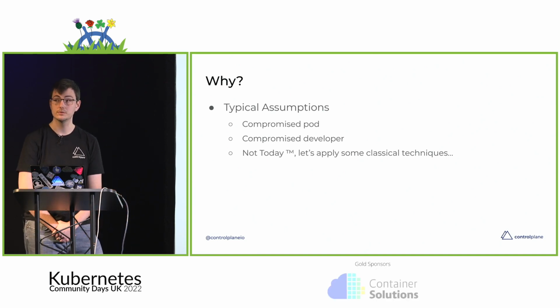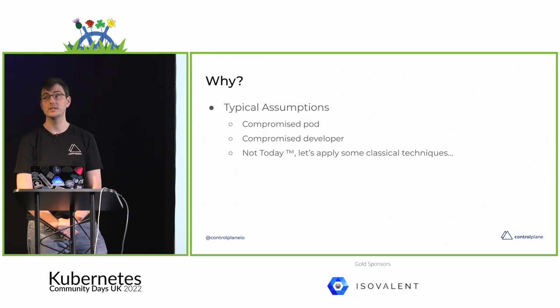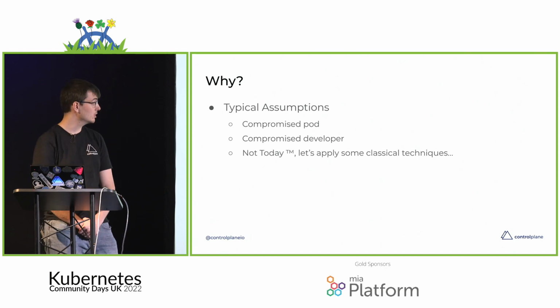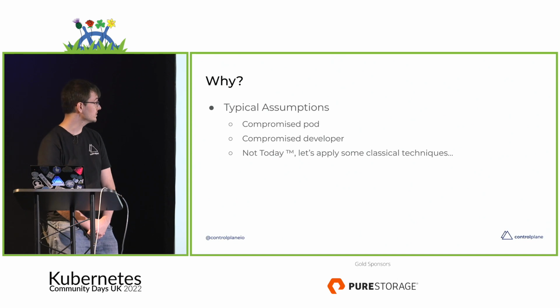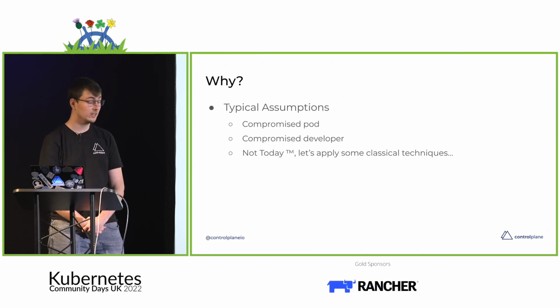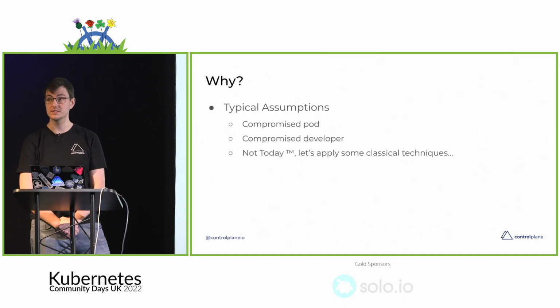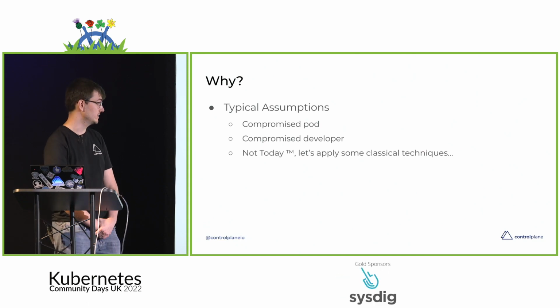We also sometimes assume a compromised insider. So this would be something along the lines of developer laptops compromised, or a kubectl or kubeconfig credential file is compromised. Maybe it's committed to GitHub. But they're fairly well explored.